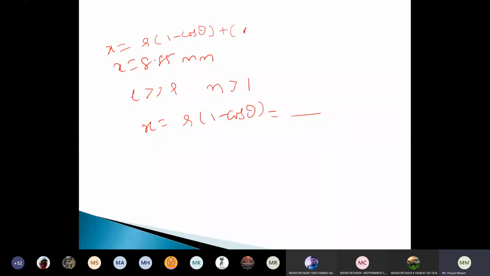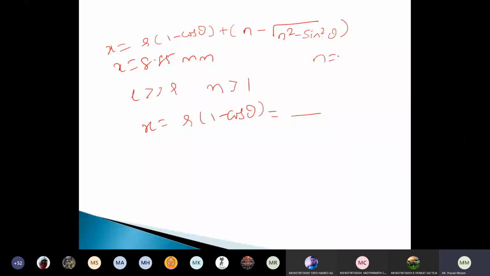What is the formula for the v? Now one condition is there. If L is greater than R and n is greater than 1, the displacement equation becomes x is equal to R into 1 minus cos theta plus n minus root over n square minus sin square theta.